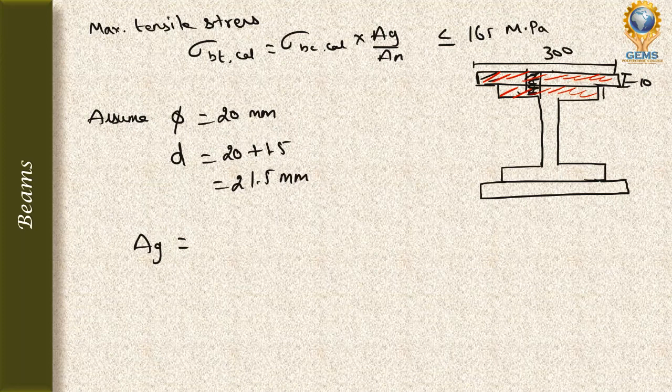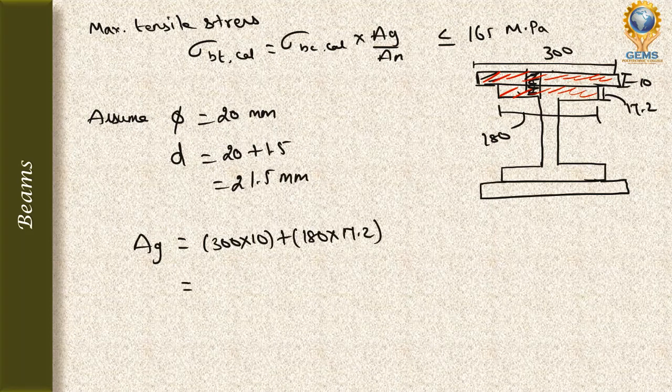But the width is not given in the question, but from the steel table we can take it, it is 180. So what is the gross area? 300 into 10 plus 180 into 17.2, that is equal to 6096 mm square.